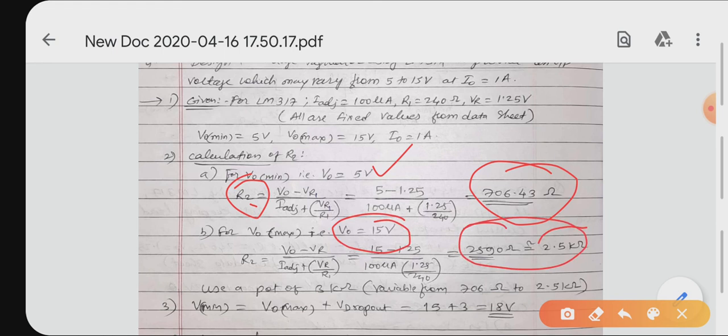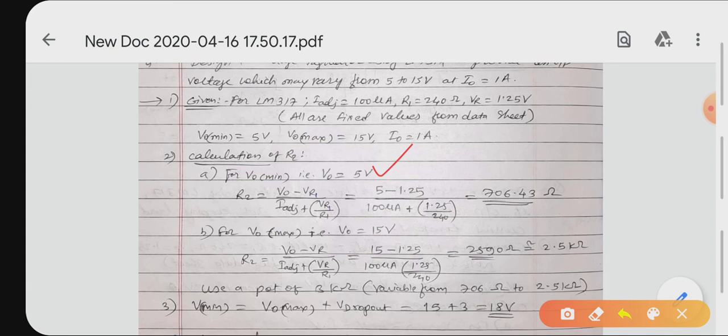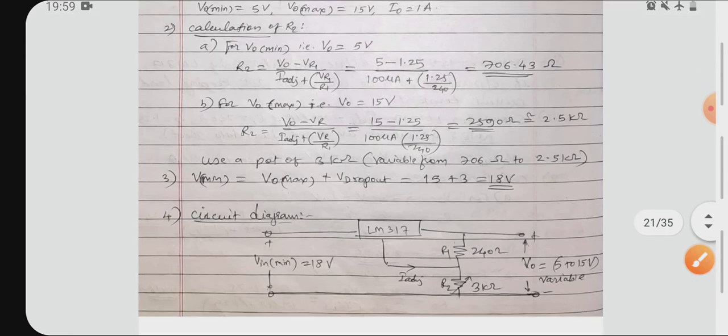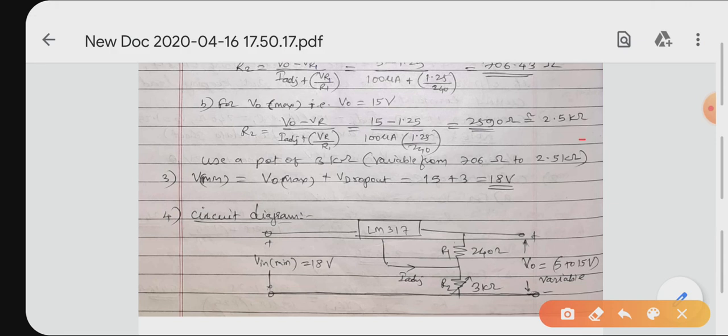You can round it off to the higher value, 2.5 kilo ohm. Accordingly, you can select a standard potentiometer, a variable resistor which will vary from 706 ohm to 2.5 kilo ohm. So select a potentiometer of 3 kilo ohm.